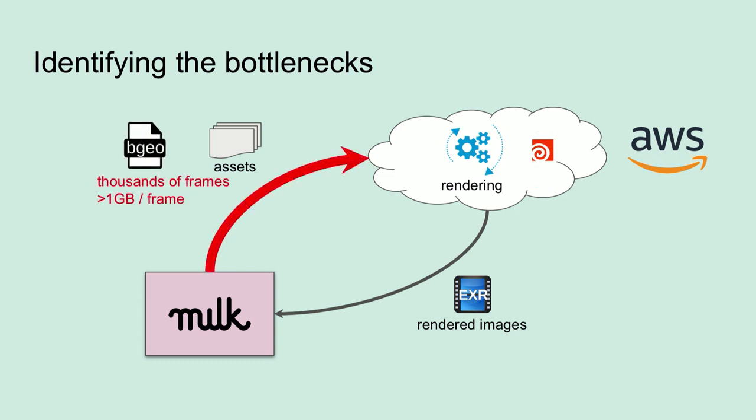But what would happen on Adrift is, as James was showing earlier, we had these huge particle caches and geometry caches. Especially on long shots, like the 3,000 frame shots, you end up with gigs and gigs of data to upload, and then you have a bottleneck.